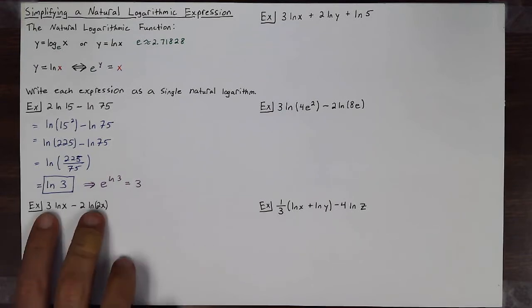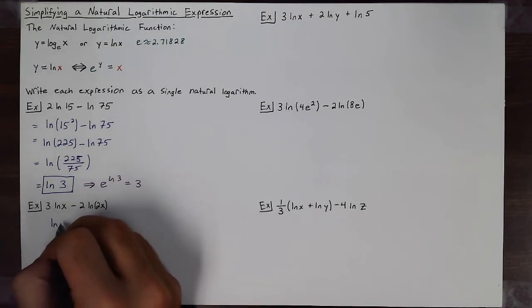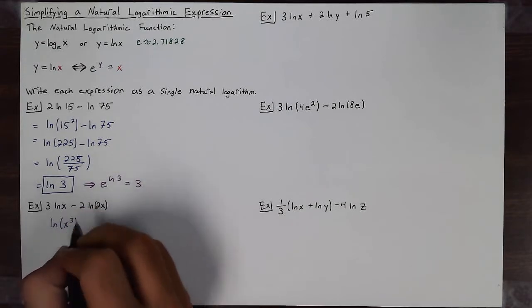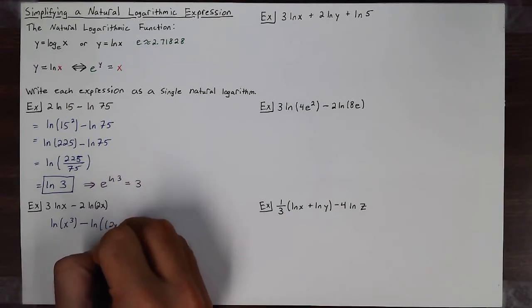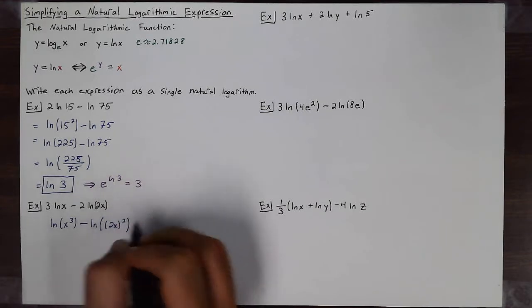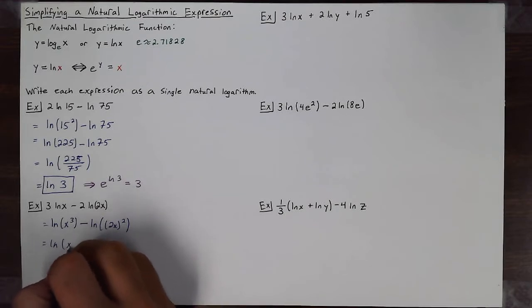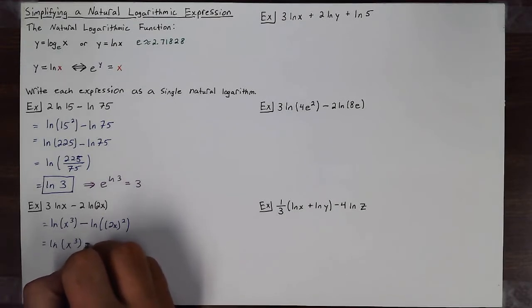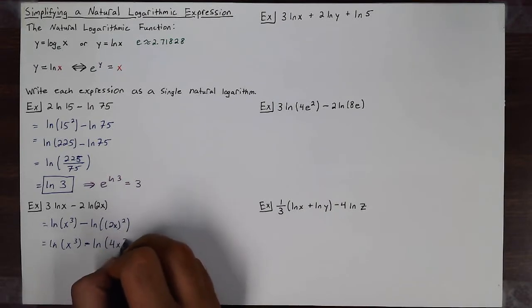So next up, I want to combine these two natural logs. They both have coefficients, so I'm going to move them into the natural logarithm by making them exponents. We'll have the natural log of x to the third, minus the natural log of 2x squared, the entire expression squared, which means we have the natural log of 4x squared, because you'd also square that too.